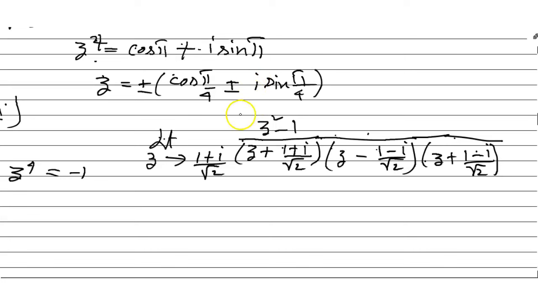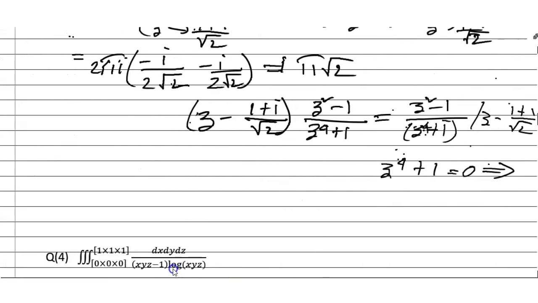Now putting this value, this value will come minus i divided by 2 root 2, putting z equals (1 plus i) divided by root 2. So this is the process, friends. How can I get this value? You will just calculate.